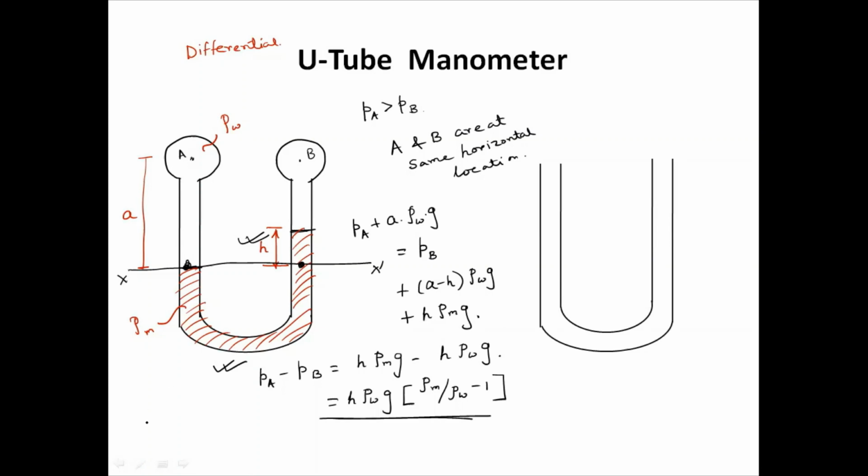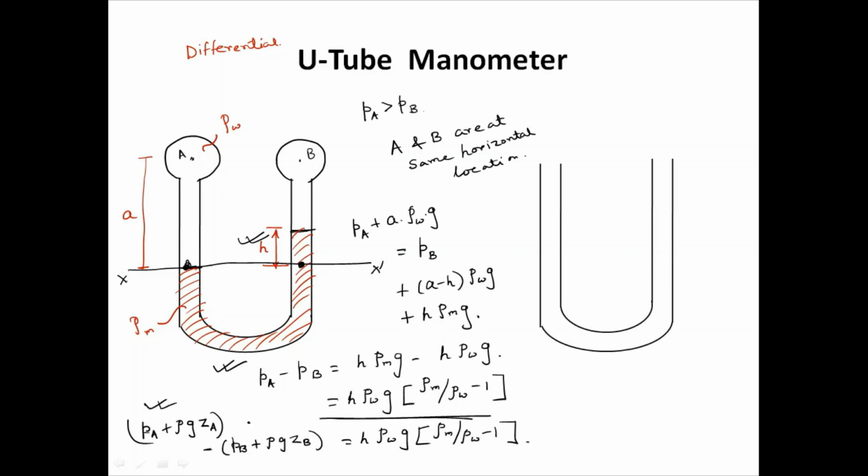In that case, you can write PA plus rho g ZA minus PB plus rho g ZB, equal to the same equation, if your depression is the same.